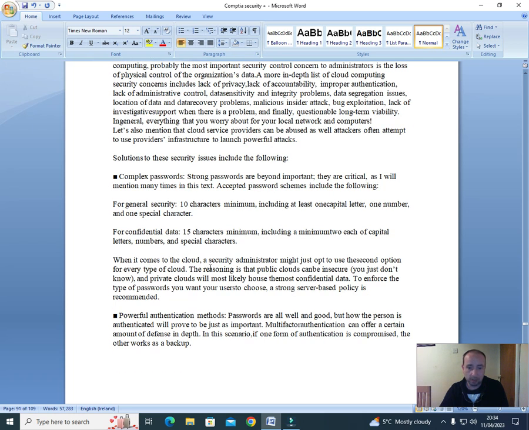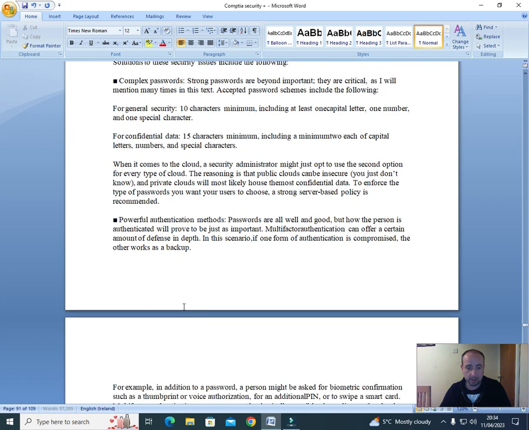When it comes to the cloud, a security administrator might just opt to use the second option for every type of cloud. The reasoning is that public clouds can be insecure. You just don't know, and private clouds will most likely house the most confidential data. To enforce a type of password you want users to choose, a strong server-based policy is recommended.